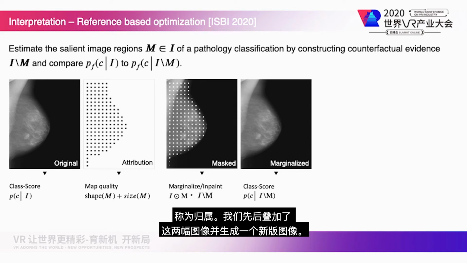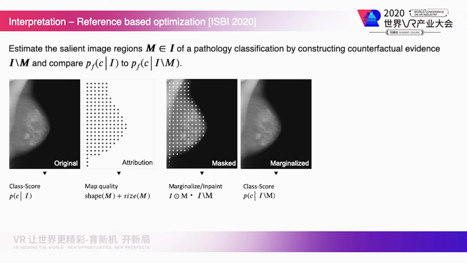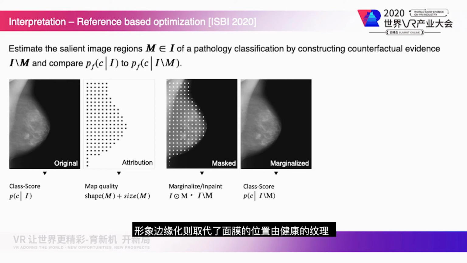Successively, we overlay those two images and generate a masked image. The image marginalization then replaces the masked places with healthy texture and yields the final marginalized image. The goal here is to transform the attribution mask into a pattern that matches the pathology of the image.